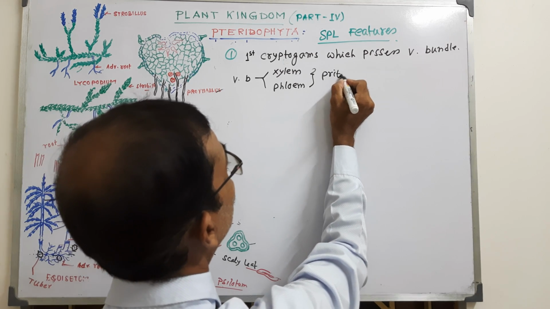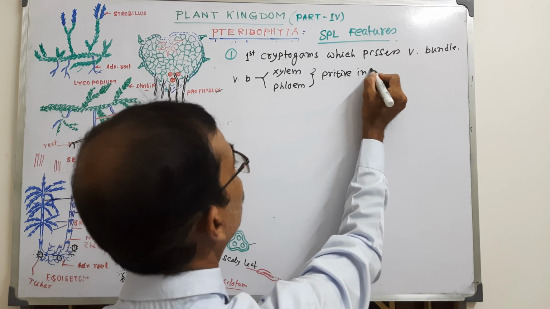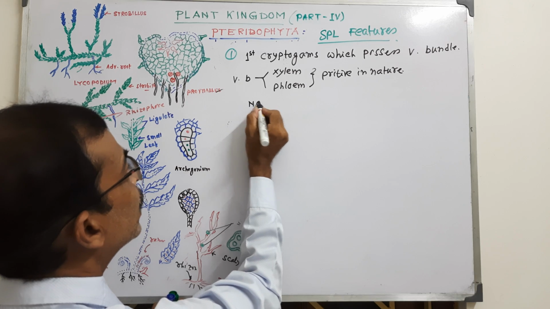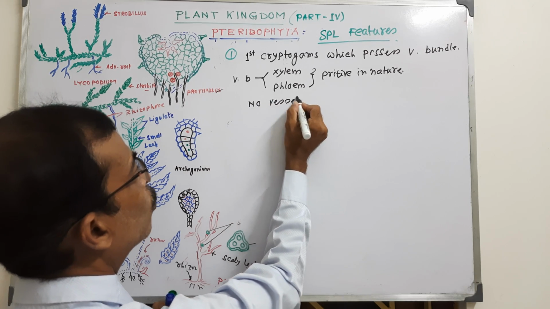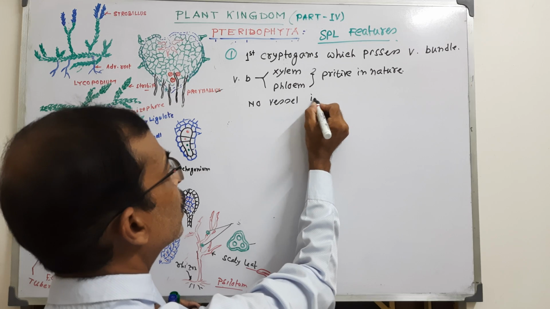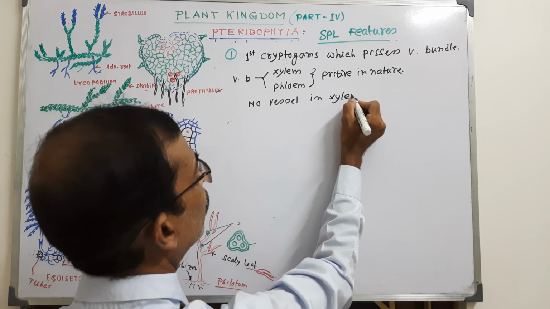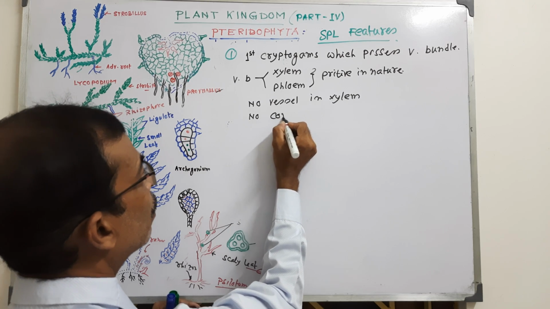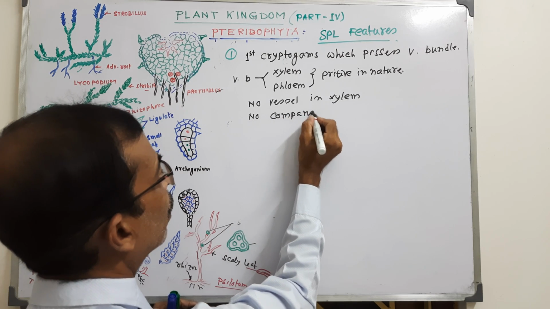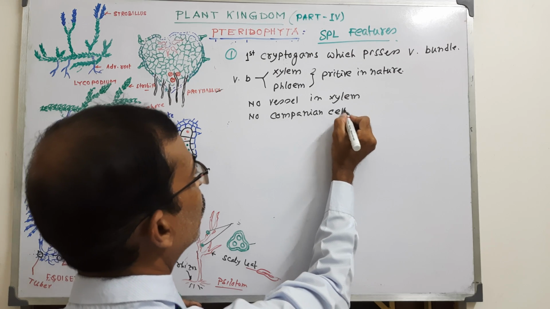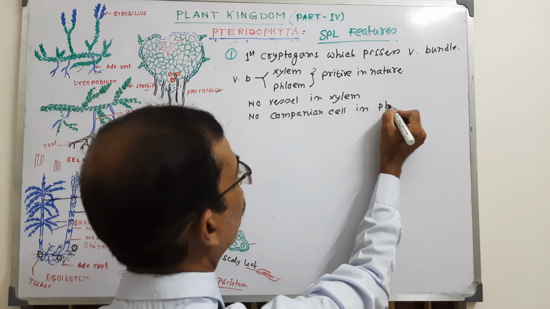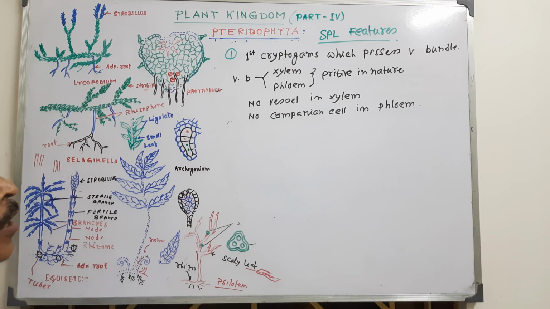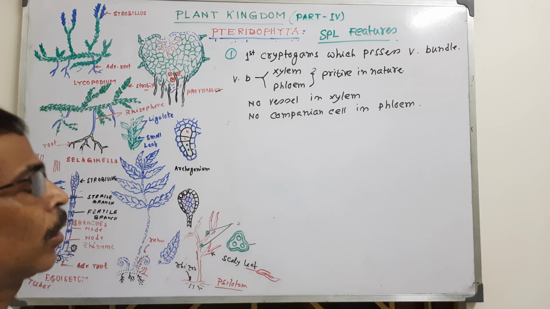Why primitive in nature? Because no vessel or trachea in xylem, and no companion cell in phloem. So these are cryptograms and vascular cryptograms.